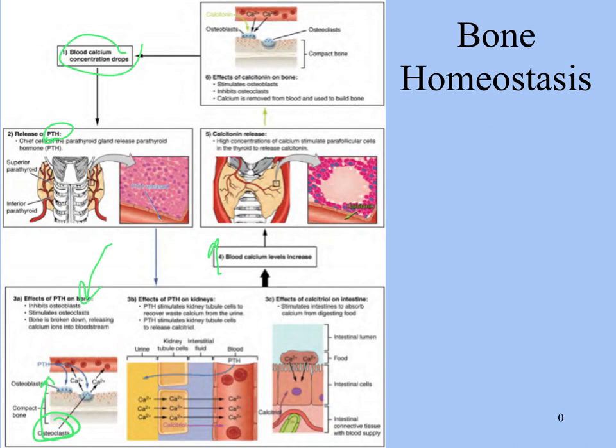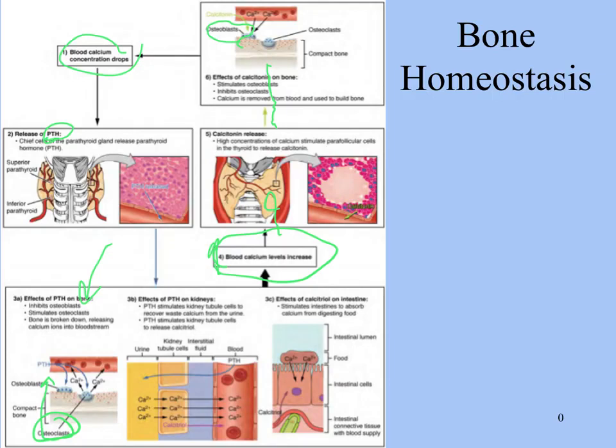of osteoclasts. Now, if blood calcium levels are too high, that will go to the thyroid glands and the C cells that'll release calcitonin. Calcitonin will go and activate osteoblasts, which will take calcium from the blood, deposit it into bone, and those osteoblasts will lay down new bone as a result.